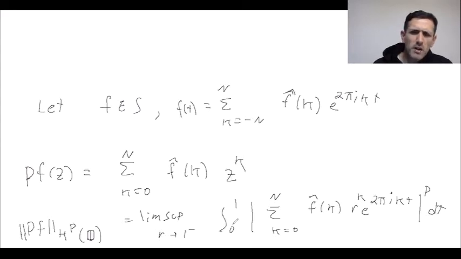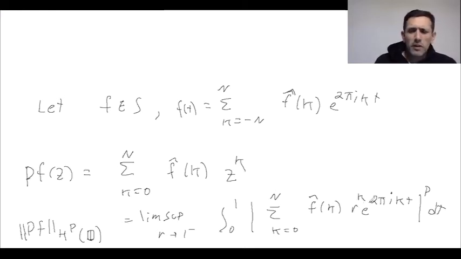The idea here is you can use the dominated convergence theorem. Forget about a sup here, this limit exists. And the key here is you have a finite n. So you can just smash in absolute values. r is between 0 and 1, so its absolute value is bounded by 1.